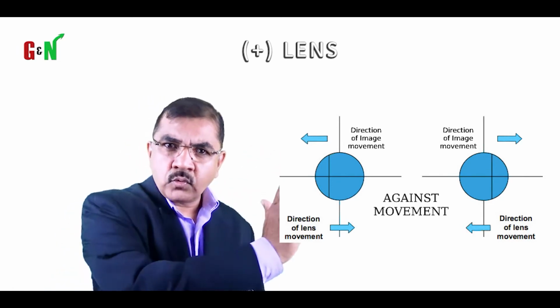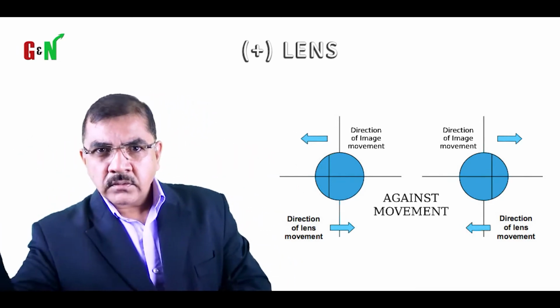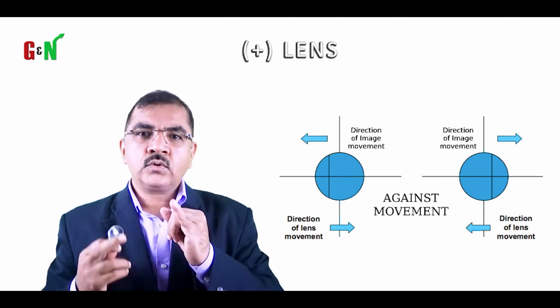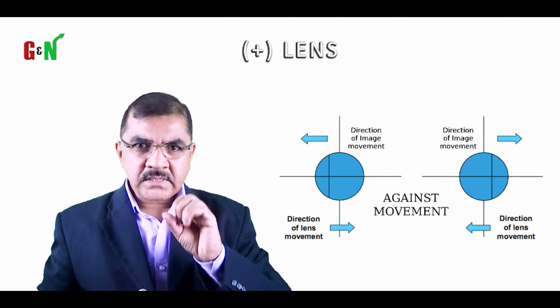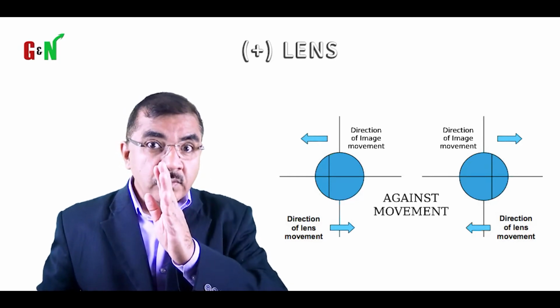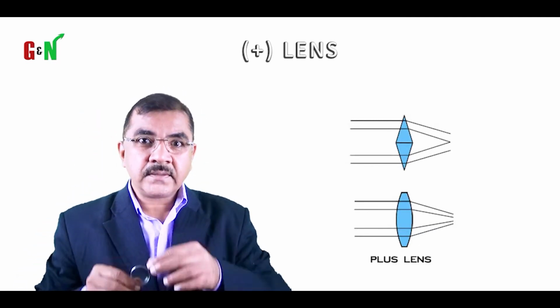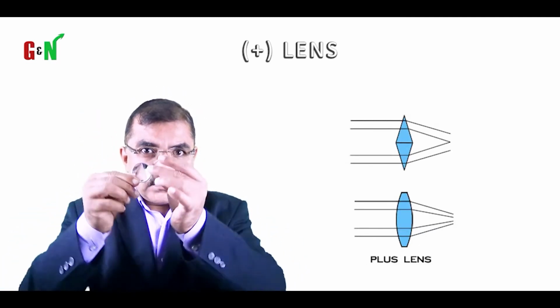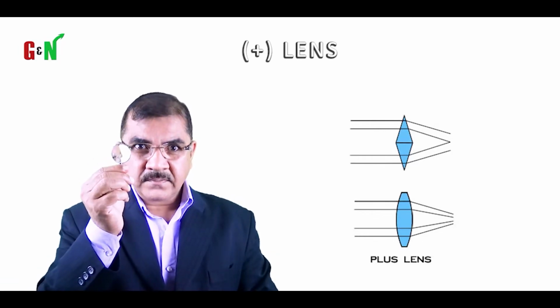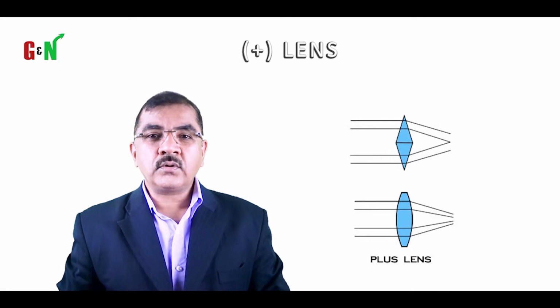The object will move against the lens that you are moving, in the opposite direction. So in a plus lens, the object will magnify and the object will move against. The center of any plus lens is thick, the periphery at the corner is thin. Right? And what else do you want to know about a plus lens?